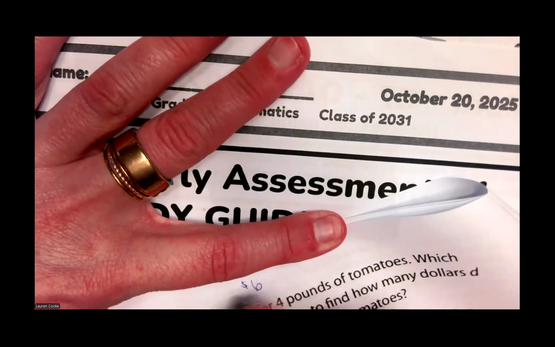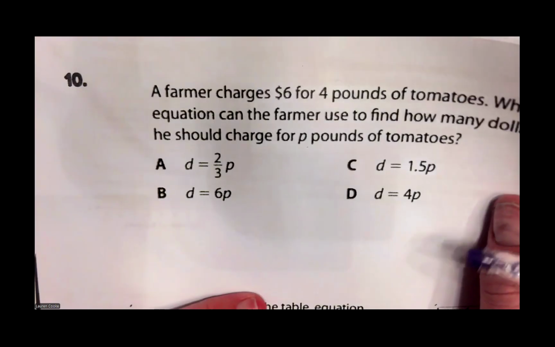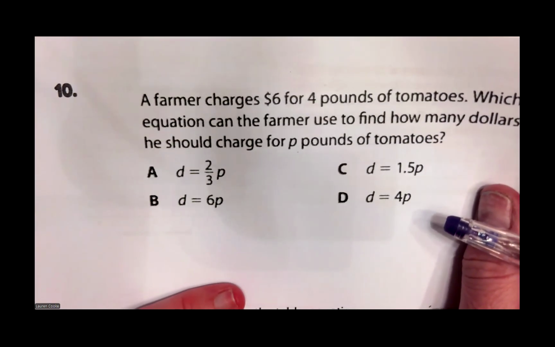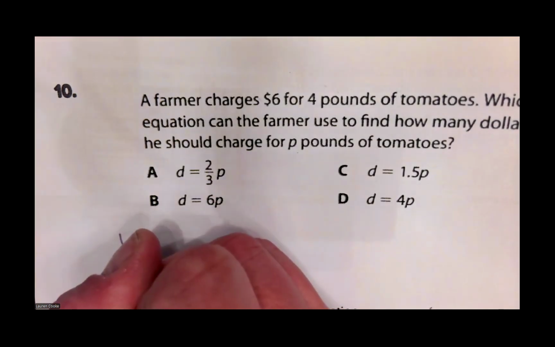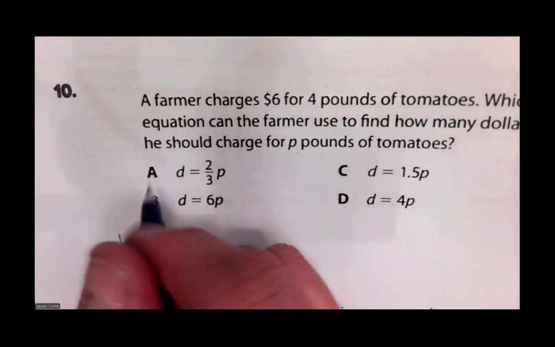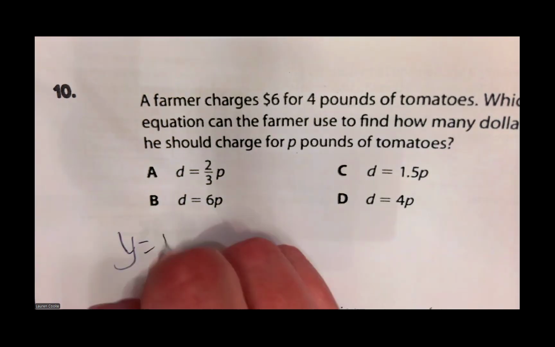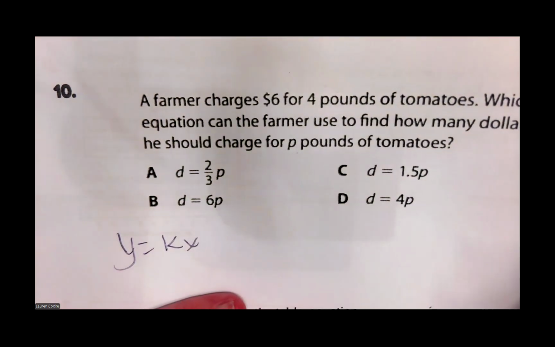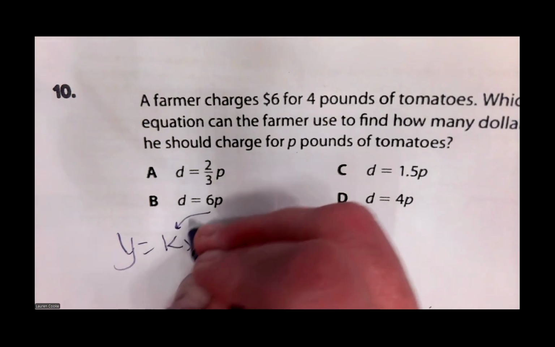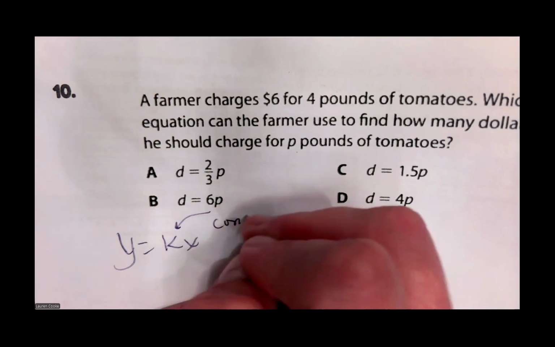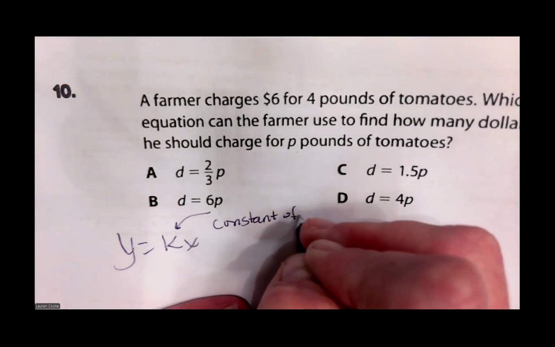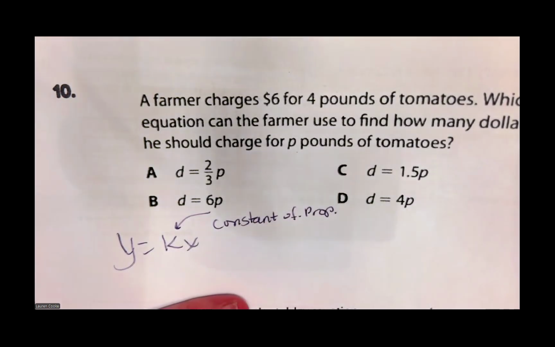Okay. Let's look at the farmer and write in the equations. When I read this, I immediately am thinking, what am I solving for? What's my equation? So I know that y equals kx is our equation, where k is the constant of proportionality, which is what we're referring to.